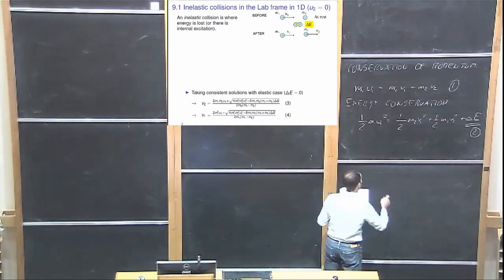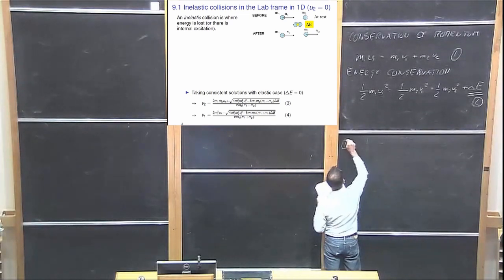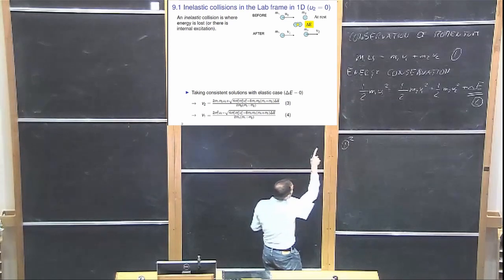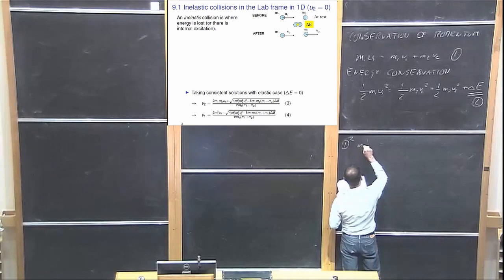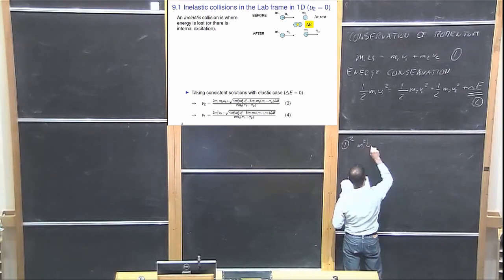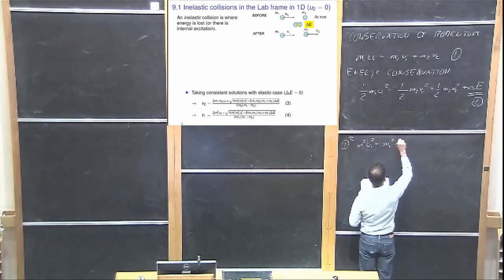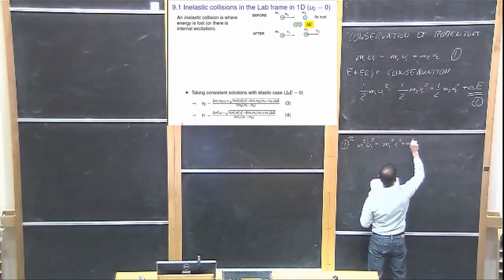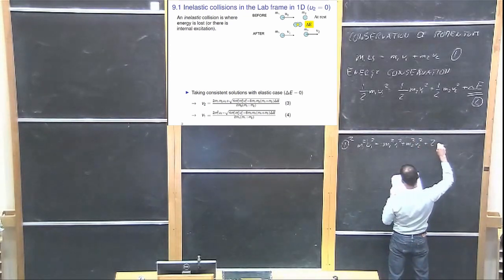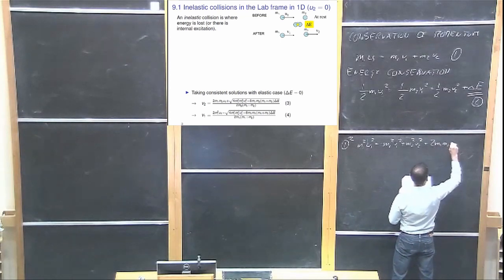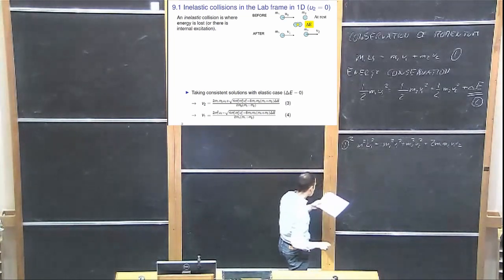So what I'm going to do first, I'm going to square the first equation which we have up there. So I get m1 squared u1 squared equals m1 squared v1 squared plus m2 squared v2 squared plus the cross term 2 m1 m2 v1 v2. So that's the first one.